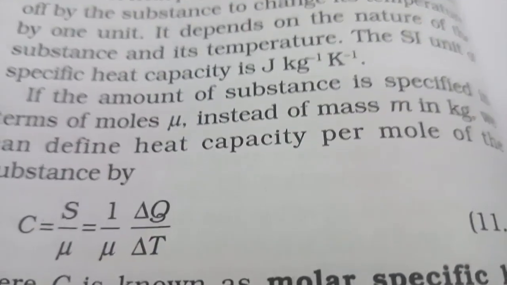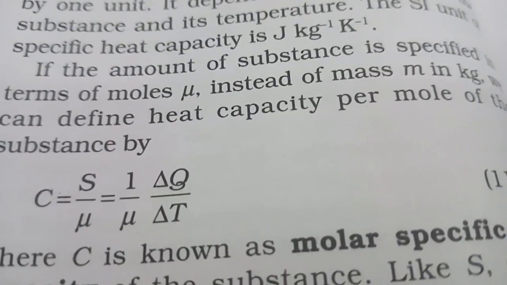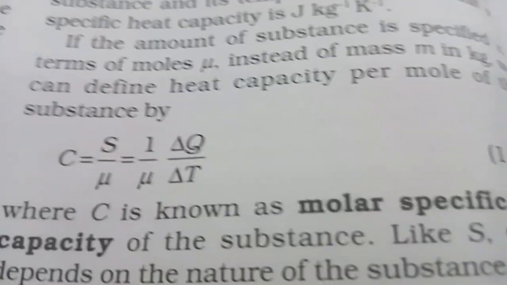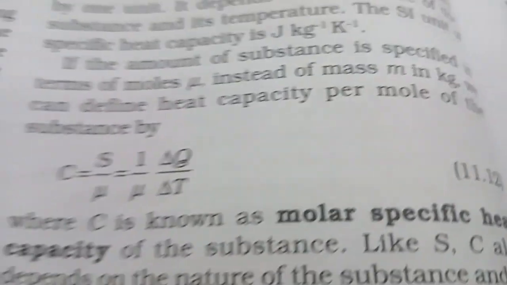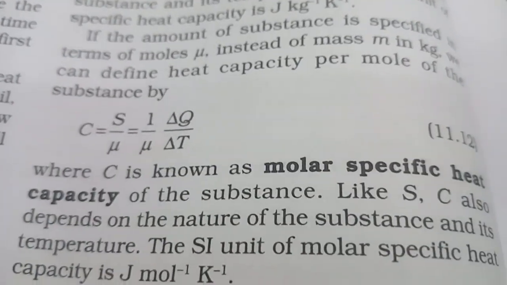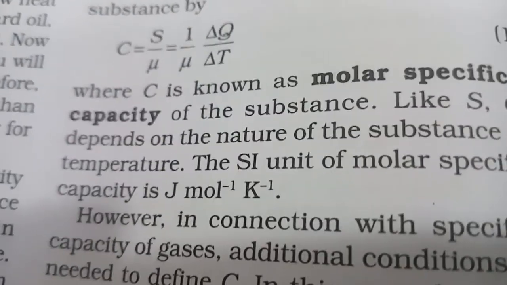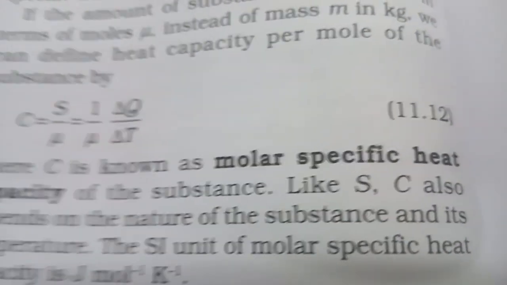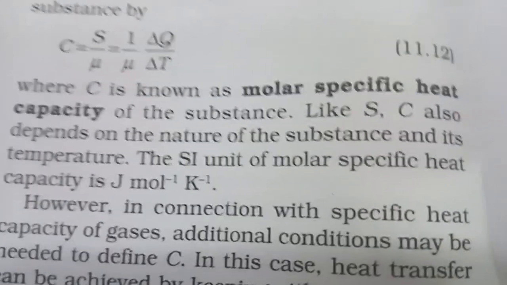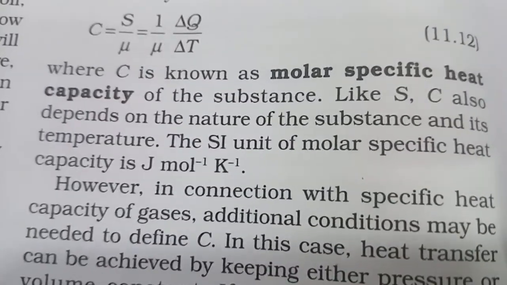If the amount of substance is specified in terms of mu moles instead of mass m in kg, we can define heat capacity per mole of the substance given by C is equal to S upon mu, or 1 upon mu delta Q upon delta T, where C is known as the molar specific heat capacity of the substance.